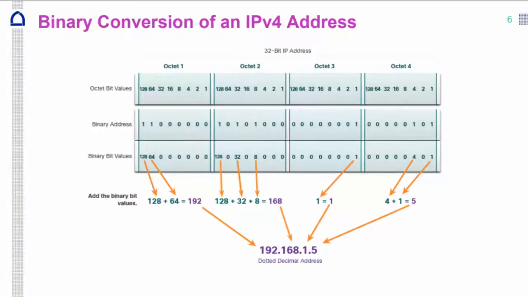Okay? You can write it down and do it by yourself. By the way, some calculators do this conversion, but you are not allowed to use these calculators in the exam. Okay?